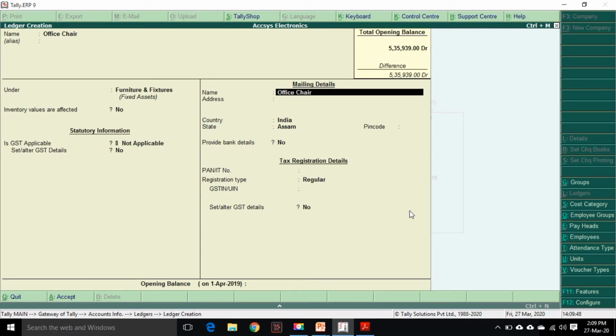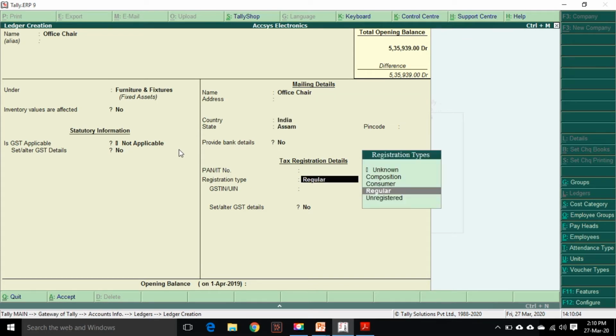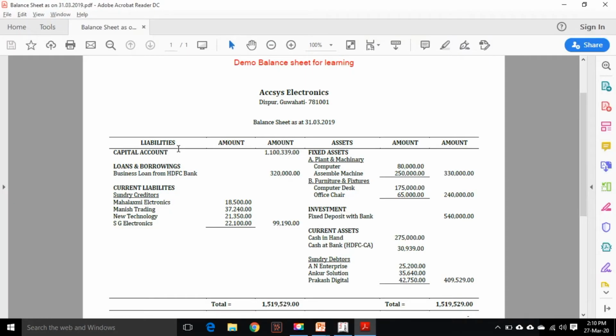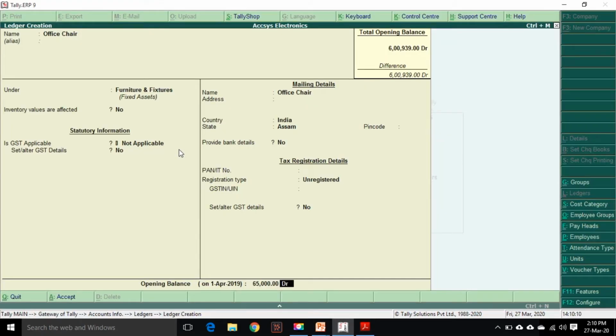You can make GST applicable later. Now we have just given not applicable, because you can also take GST input on fixed assets. But for learning purposes, for the time being, we give not applicable. Office chair is 65,000.